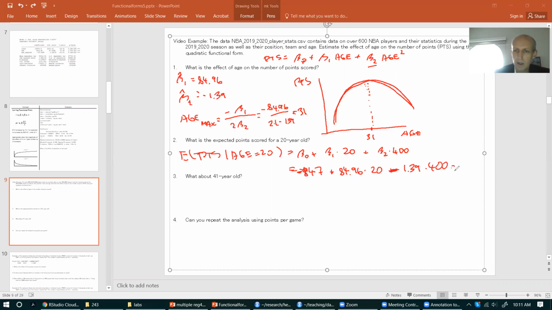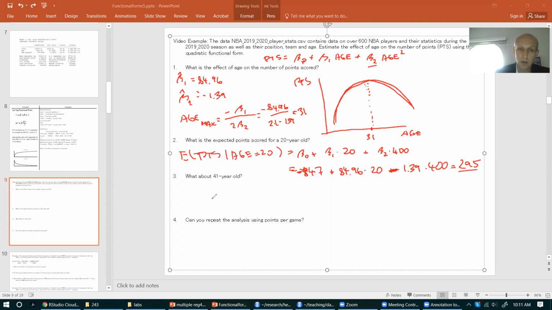And when I do that calculation, let me actually do that on my phone, I should get about 295. So a 20-year-old is expected to score about 295 points.